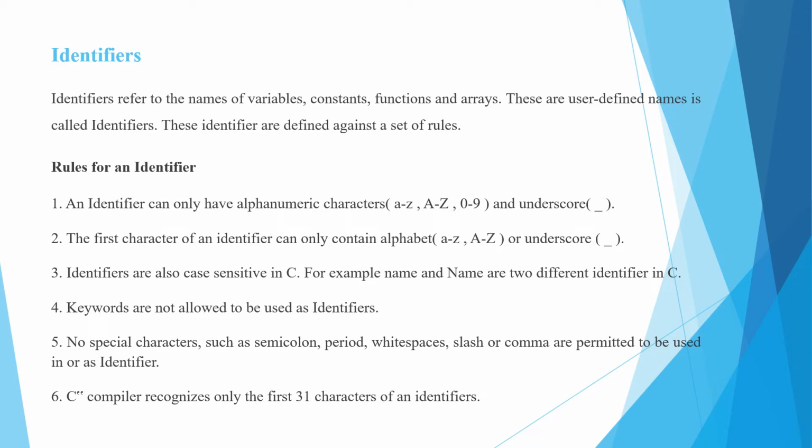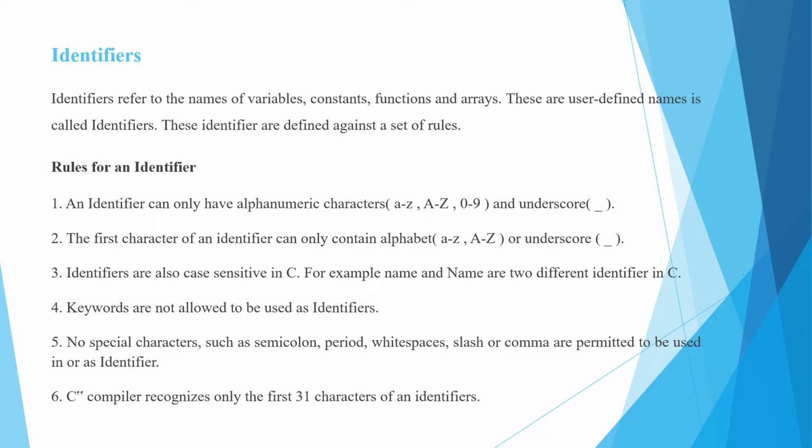The second rule is that the first character of an identifier can only be an alphabet, either uppercase or lowercase, or an underscore.